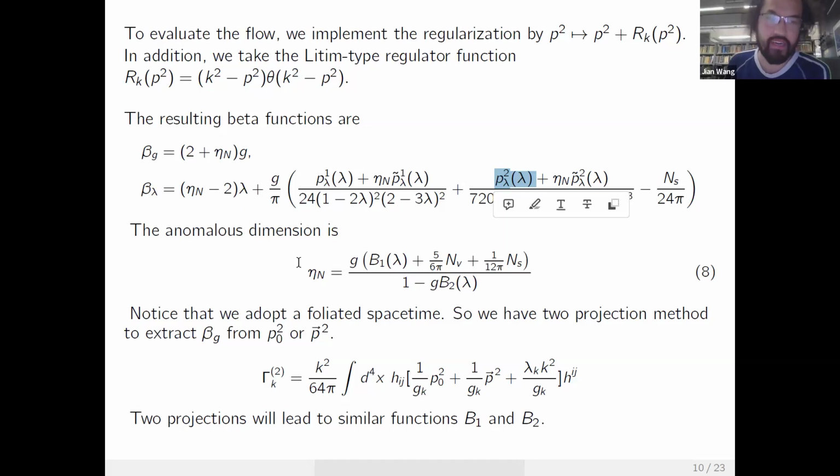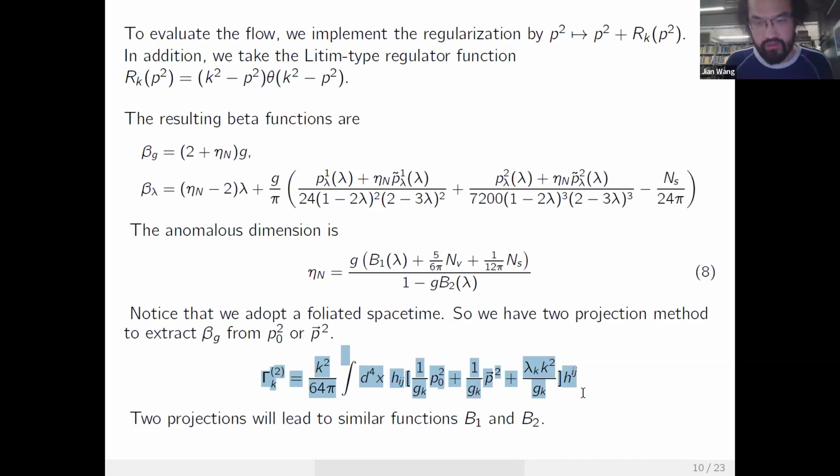Here is one thing I want to stress. Notice that in this talk we use the ADM formalism, which means we work on a foliated spacetime. So the Lorentz symmetry will be broken by our setup. That means we have two projection methods to extract the beta function of the Newton coupling. To see this explicitly, we can look at the two-point function of the graviton.